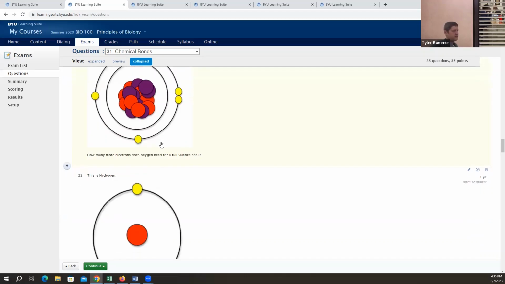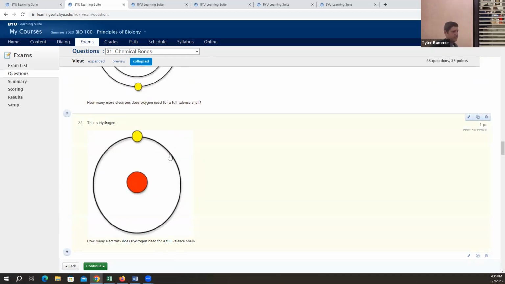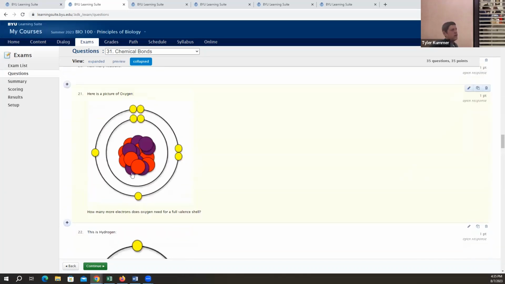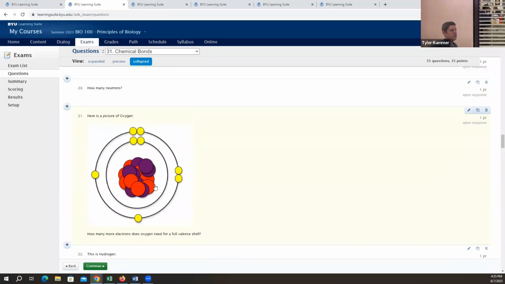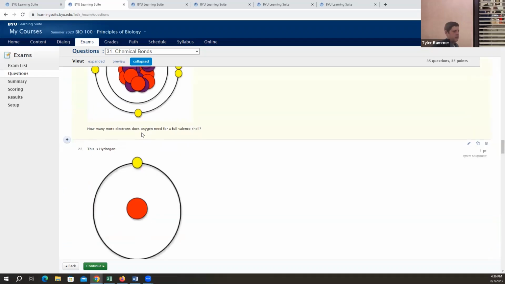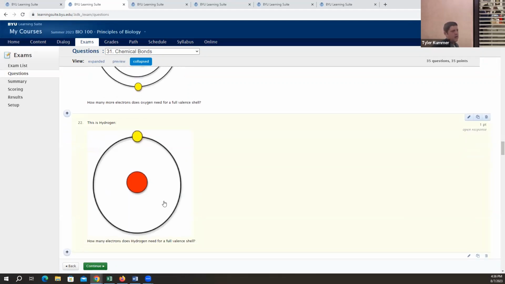Whichever outer shell has electrons, so in hydrogen, this would be the outer shell with electrons, that would be the valence shell. In oxygen, the outermost shell with electrons would be now the second shell, so that would be the valence shell. All of these atoms want to have a full valence shell. So oxygen wants to get 2 more electrons to have a full outer shell. Hydrogen wants to get 1 more, because that's all it needs to get this first shell full.